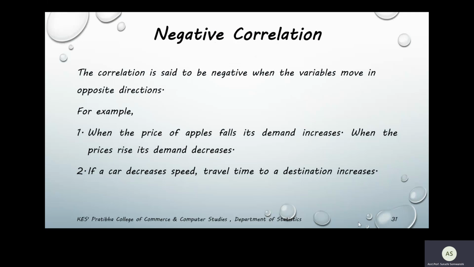So here both variables are changing simultaneously but in opposite directions. If one is increasing, the other is decreasing, or if one is decreasing, the other is increasing. If we face a situation like this, the relationship between the variables is a negative relation.